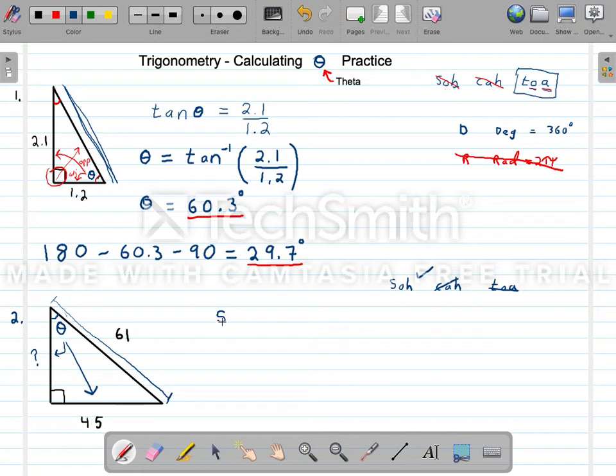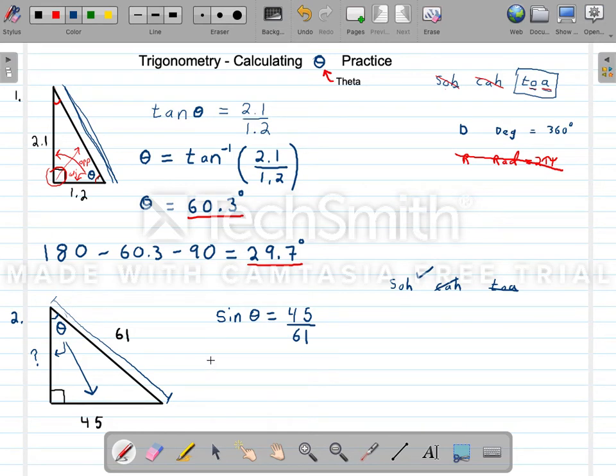So you're going to say sine of theta equals opposite, which is going to be 45, divided by my hypotenuse, which is going to be 61. Okay? Then you want to solve for theta.